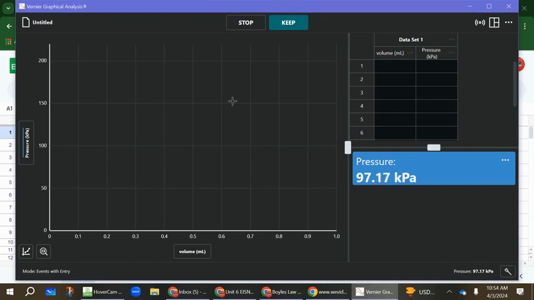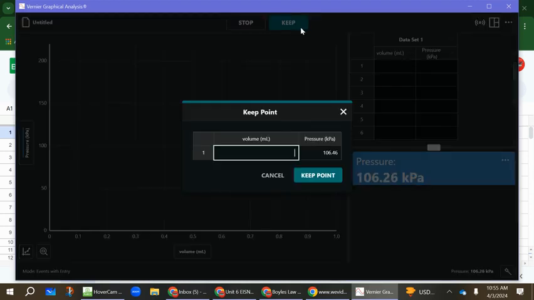This is what is called event-based. What that means, ladies and gentlemen, is I am going to get this so that it is reading 55. And you'll notice my pressure changed up here as I did. Once I get it to where it is at 55, where I want it, then one of you, you or your partner, has to hit the keep button.